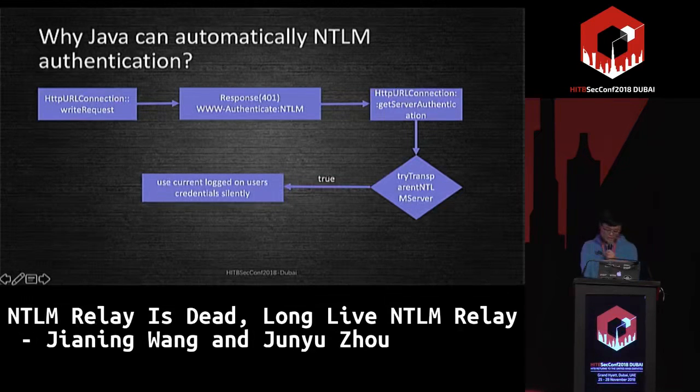Some function in HttpURLConnection finds that the server needs NTLM authentication, and then it will call the getServerAuthentication function, which returns the authentication object containing the authentication information.